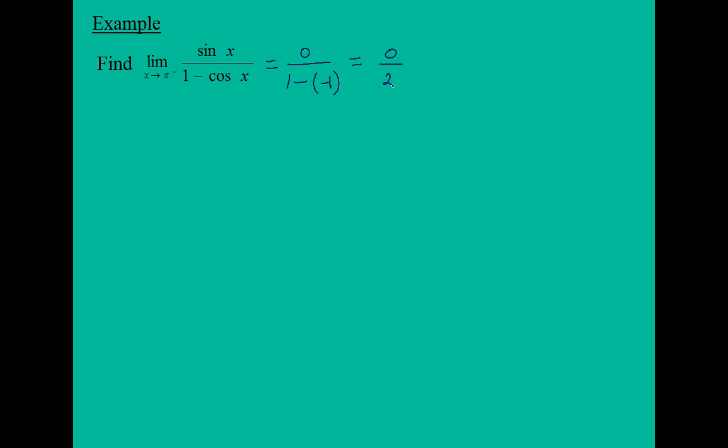We don't need to apply L'Hopital's rule. We did not get 0 over 0, or infinity divided by infinity. This value right here is the value of our limit. That just equals 0.